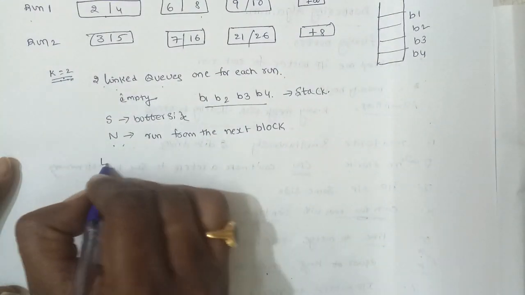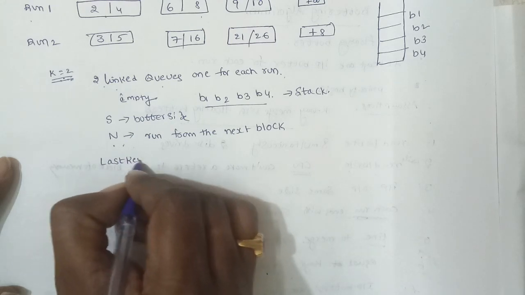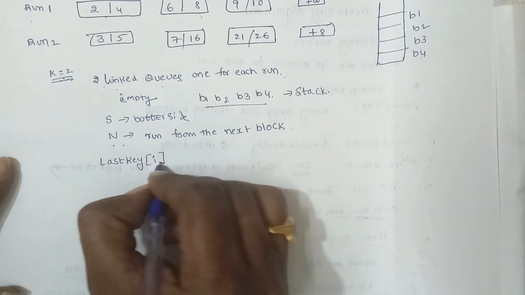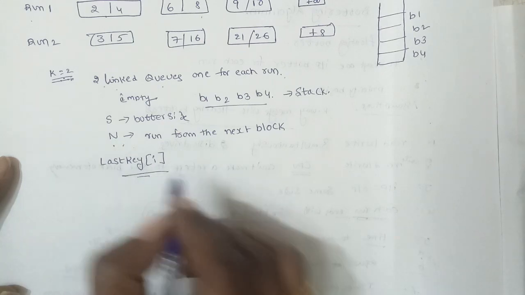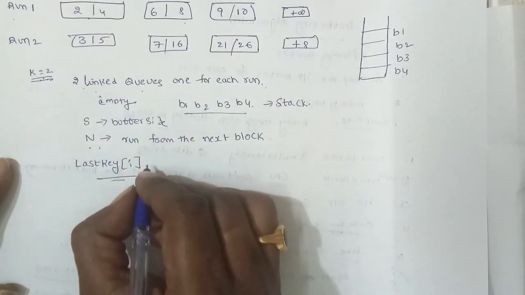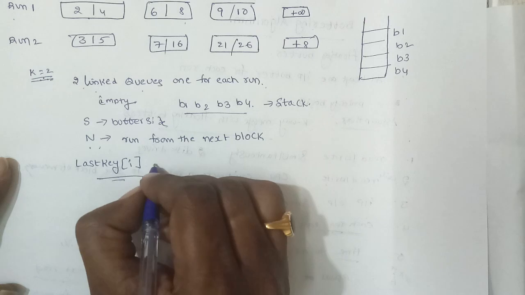And the very important one, you have to know this one: last key of I. This one is important to implement the operation. What is last key of I?